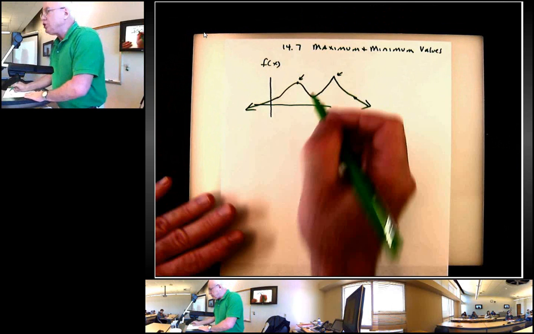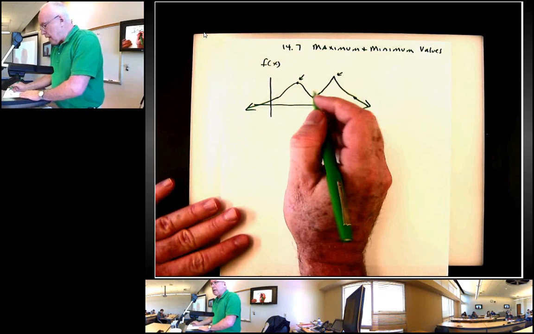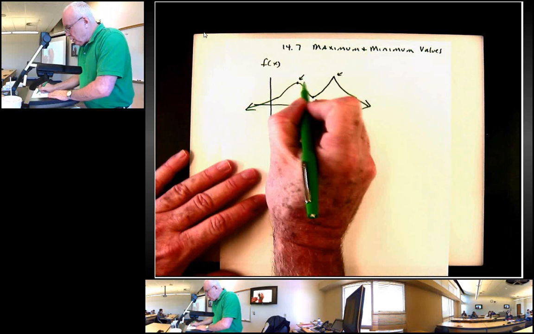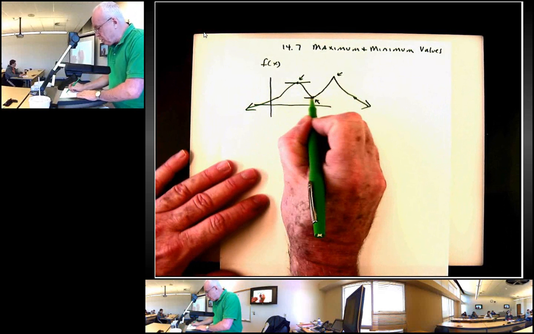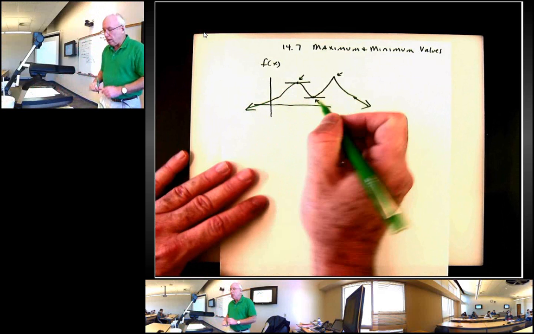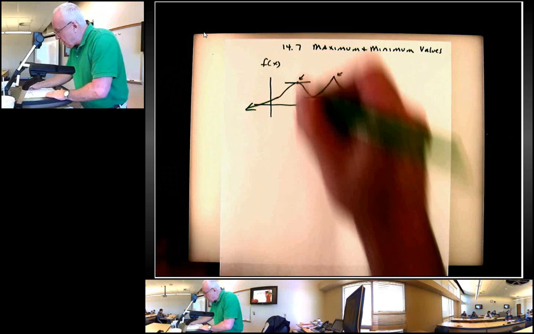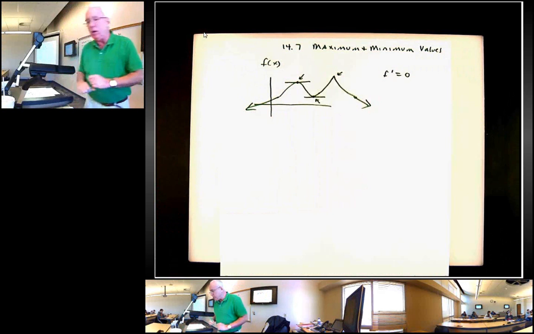Now, these things share something in common. First of all, what's the value of the derivative at that particular point? Right, the value is 0. So f prime is equal to 0.